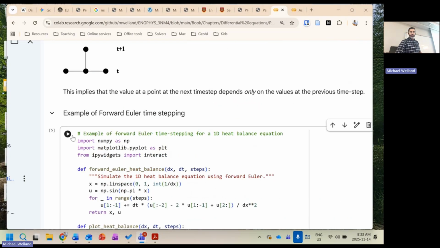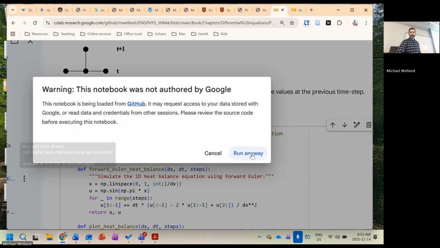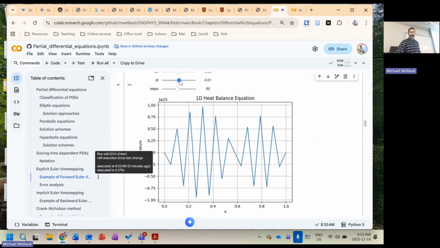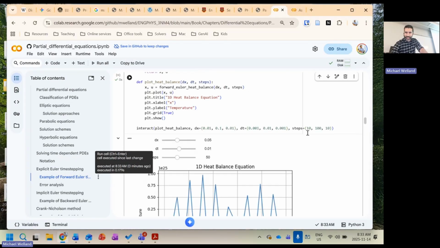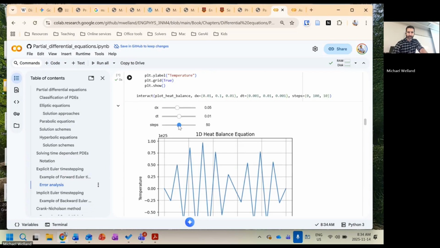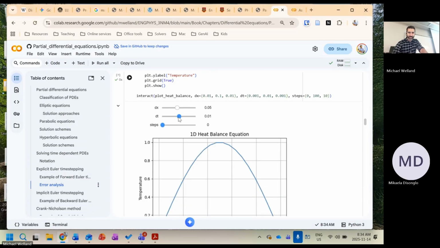When you actually do this, run anyway, what you get probably looks very familiar, and I need to edit this. This is your initial time step, right? Your initial distribution.